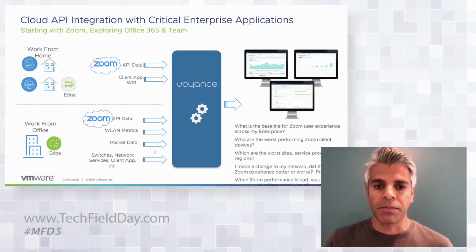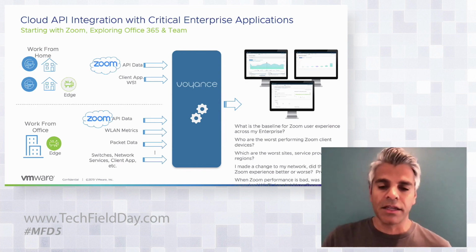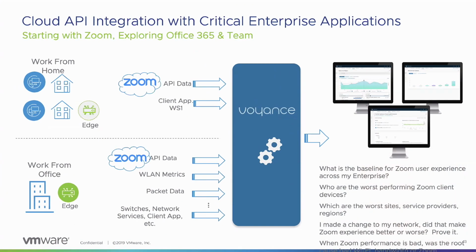But the real top of mind use cases from an enterprise IT standpoint are things like, okay, first off, just what does normal look like? What is the baseline for Zoom experience? And if I make a change, and today the changes that people are looking to make, especially from an enterprise IT standpoint, is maybe getting better internet service, or maybe buying SD-WAN, right?